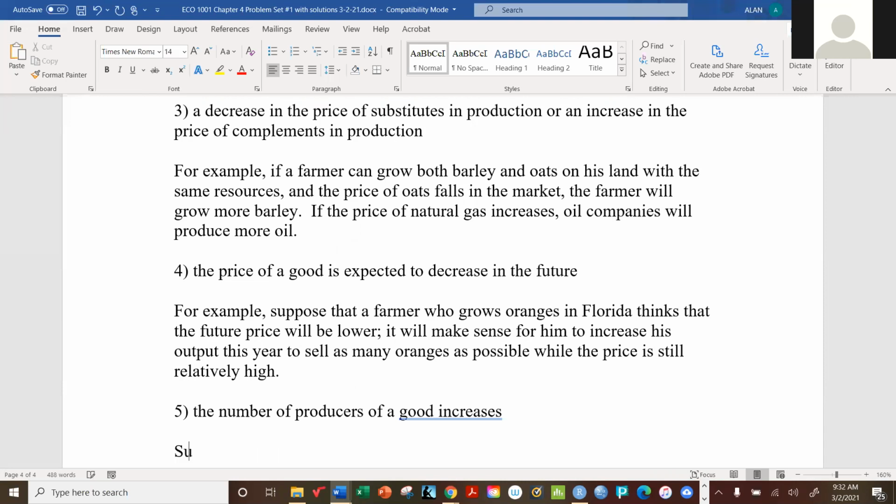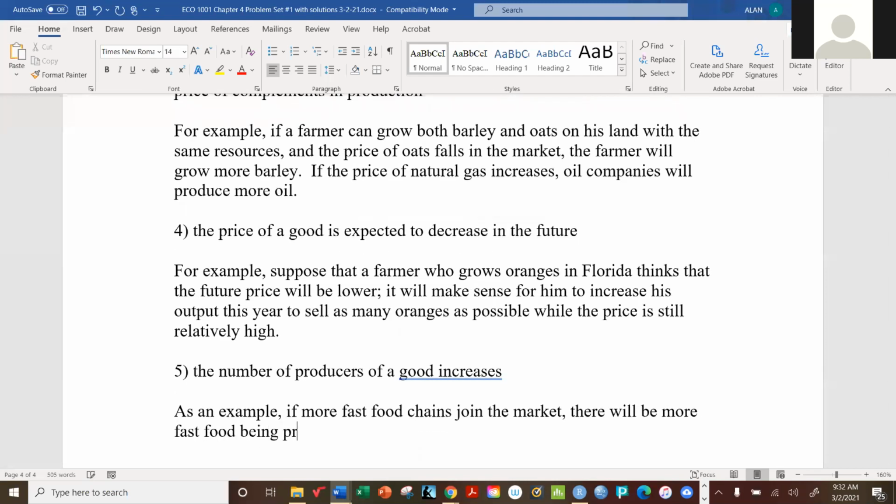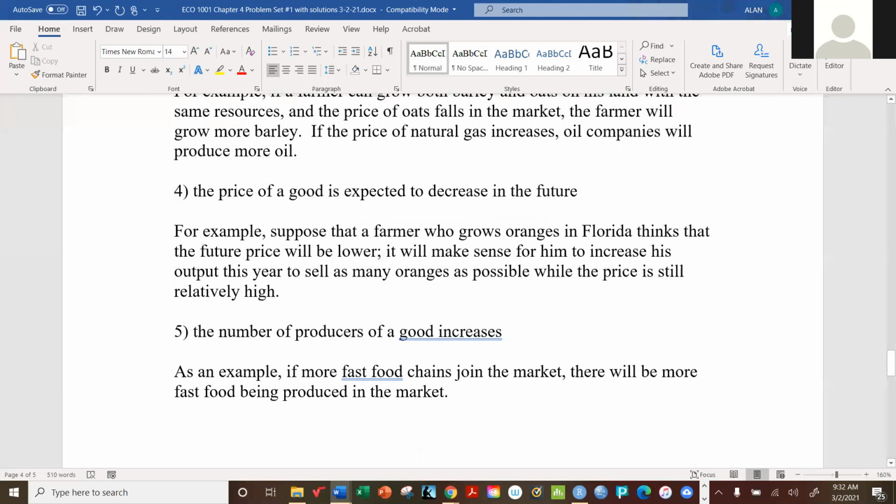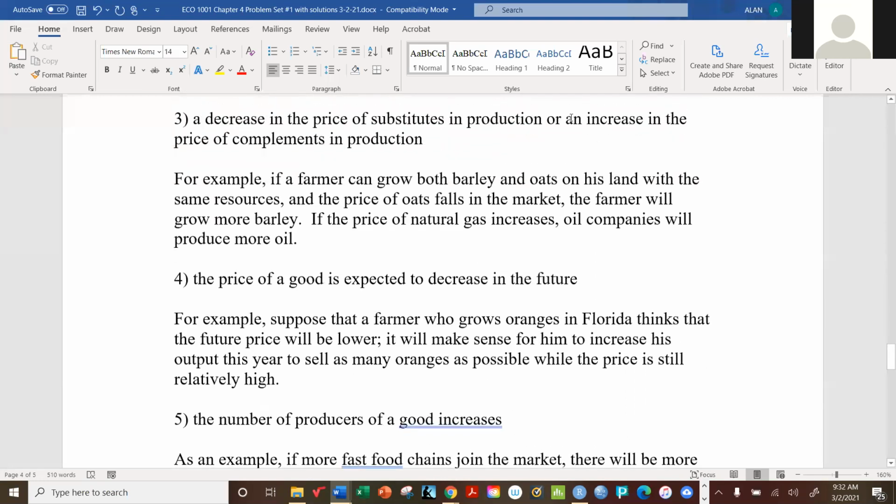So suppose, as an example, more fast food chains join the market, there will be more fast food being produced. And it's just that simple. All right, that's the way that works.